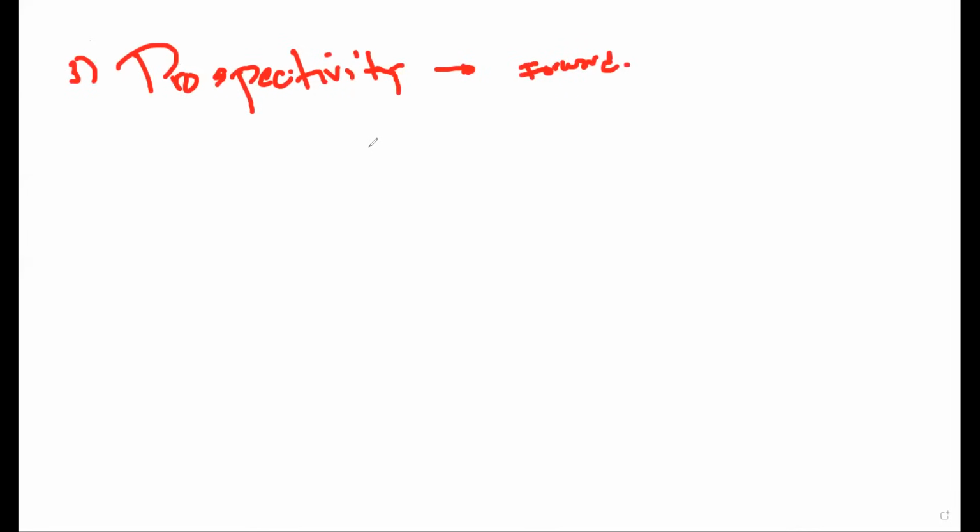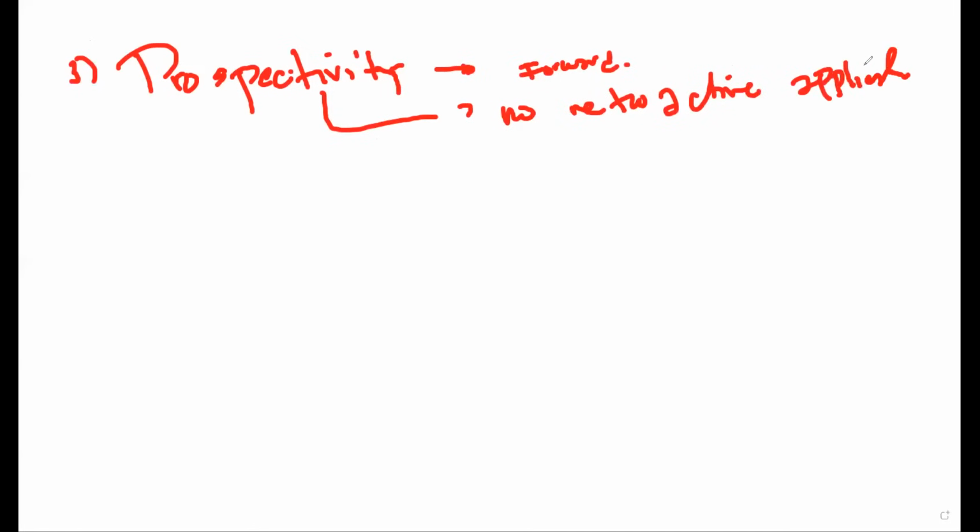So it cannot be given a retroactive application. That is why an ex post facto law is prohibited. At the time that you committed an act, if it is not punishable, and subsequently there is a law that punishes that act, then it cannot be given a retroactive application. That person should not be liable.